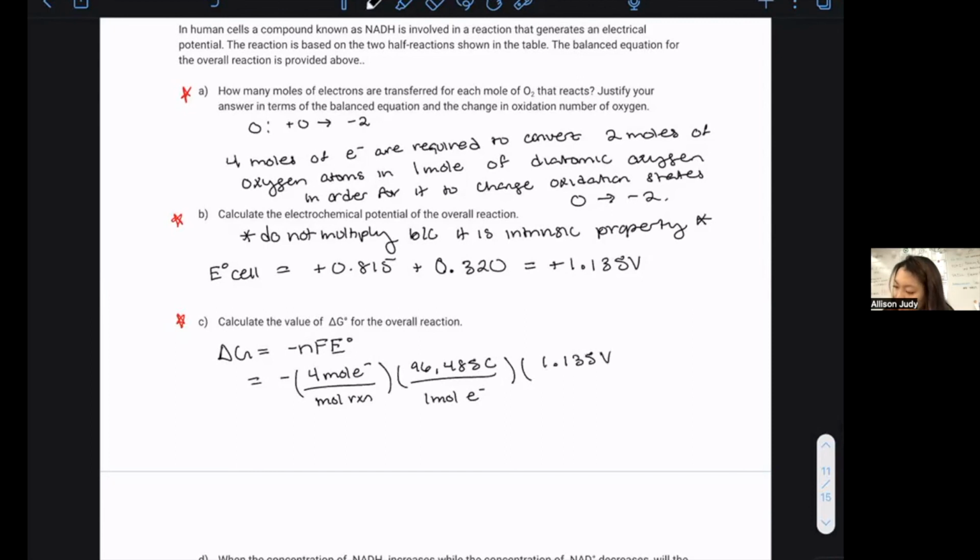And by the way, a volt is equal to joules per coulomb.